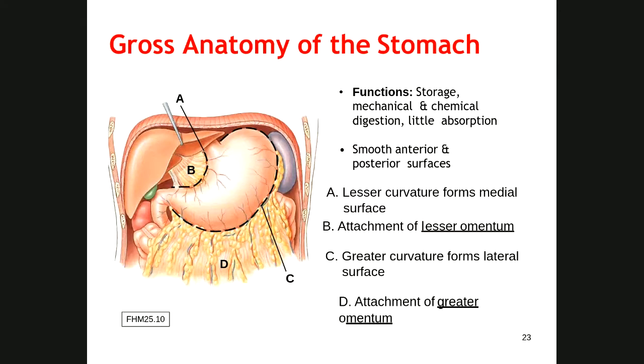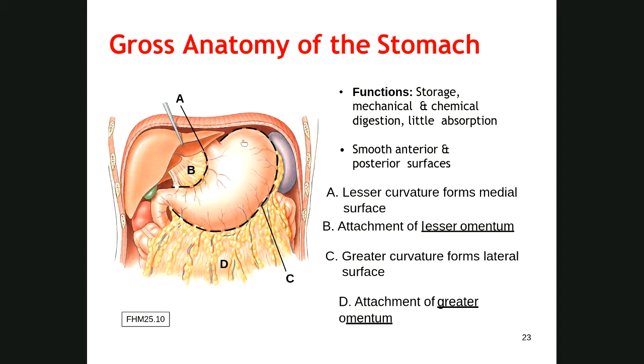So the stomach. After we have talked about the esophagus, the functions of the stomach are storing the food, mainly in the part of the stomach I'm pointing to now, which is the fundus. This part of the stomach is known as the fundus. We also have a fundus in the uterus. So this part is mainly for storage of food.